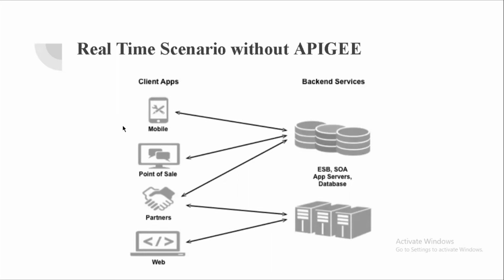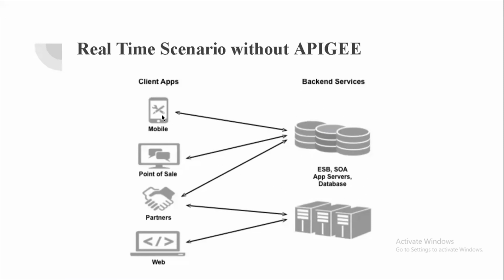Then, the real-time scenario without Apigee. Here we have different consumers like client app, mobile, point of sale, partner, and web. There you have backend services developed using different technologies.